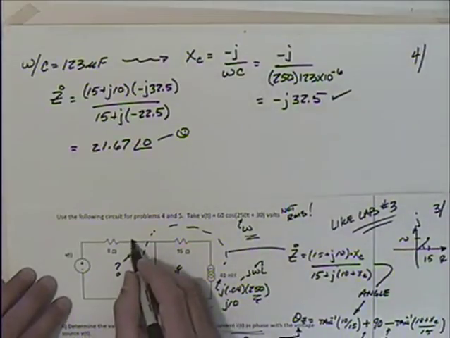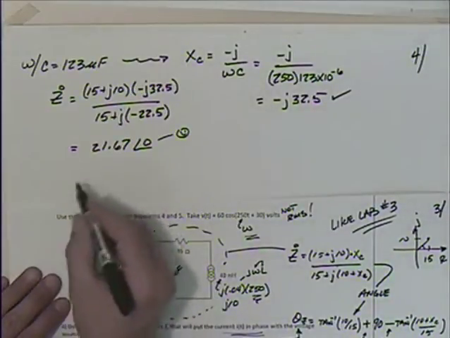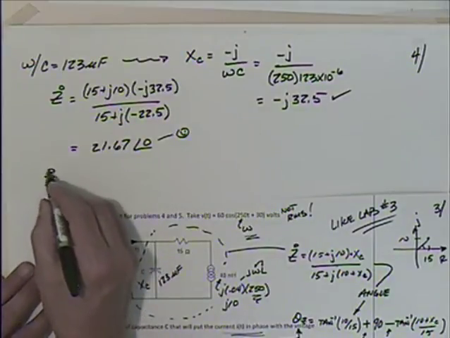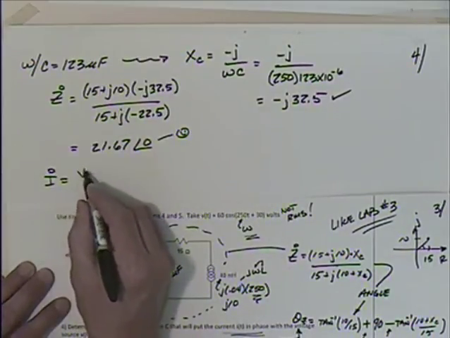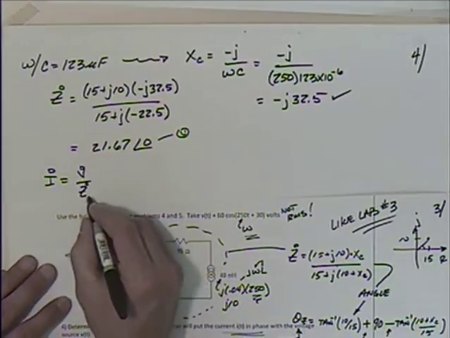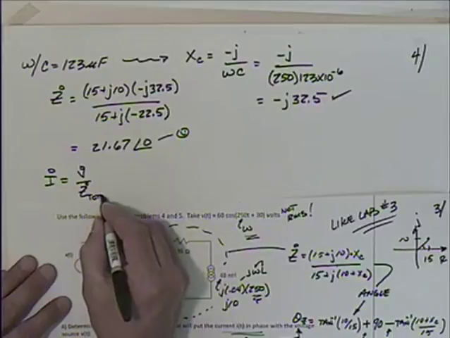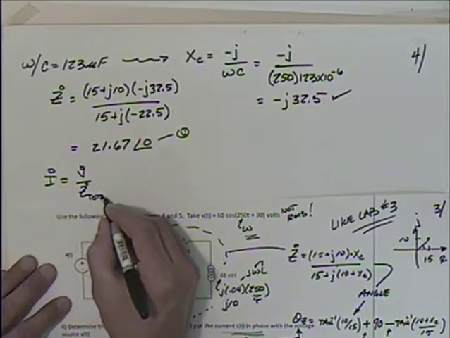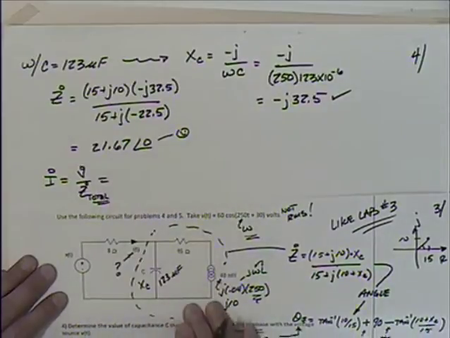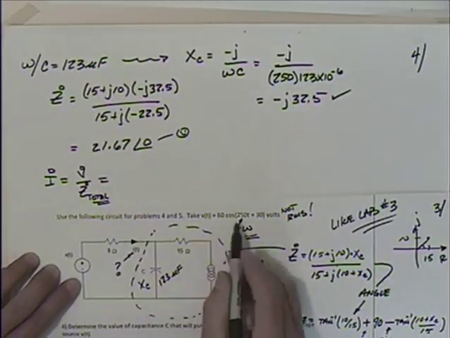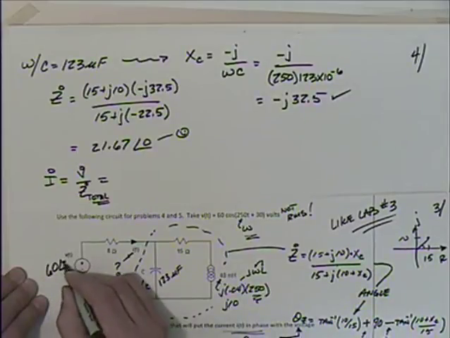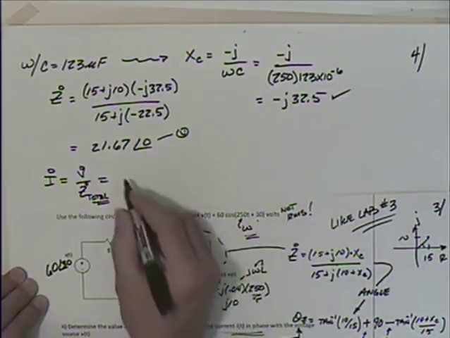So now, going back and using Ohm's law, I can say that I is equal to the voltage divided by the impedance. And maybe we'd better make a big deal, this is total impedance. So what do we say? This is 60 at 30, isn't it? Yep, 60 at 30.